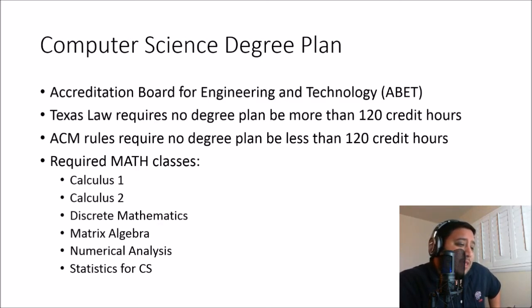I'm going to first show you the math courses, and they're listed here: Calculus 1, Calculus 2, Discrete Mathematics, Matrix Algebra, Numerical Analysis, and Statistics. That's not uncommon. You'll find degrees of freedom in different schools. But yes, you generally will take Calculus 1 and 2. You will take Matrix Algebra, some sort of numerical mathematics class that looks at how computers do math.